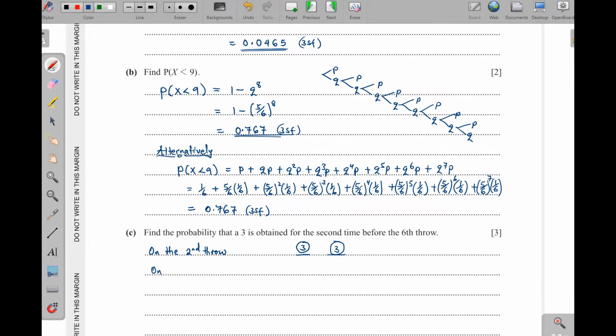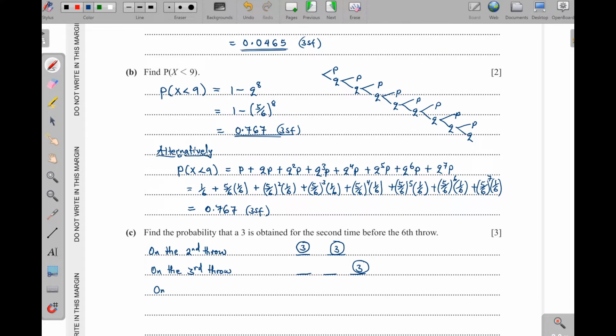Then on the third throw, because they say the second time, that means the first time you are getting it, and then the second time. So if you get it on the third throw, that means you have these 2 here, and the 3 can be here, or here. It can be in the first one here, or on the second one here. All right.